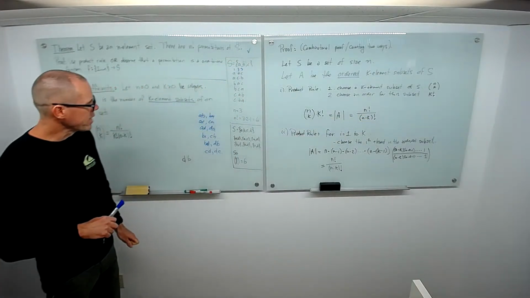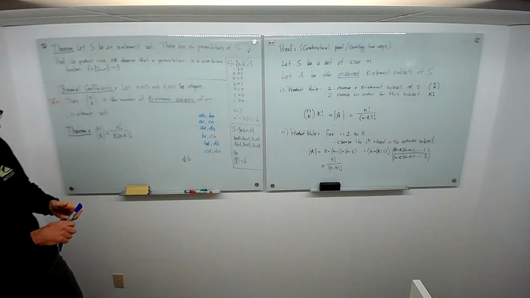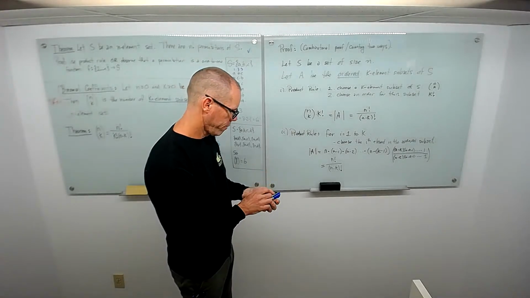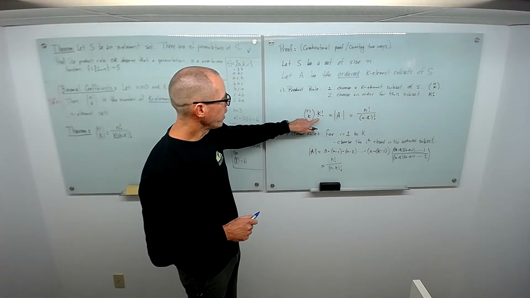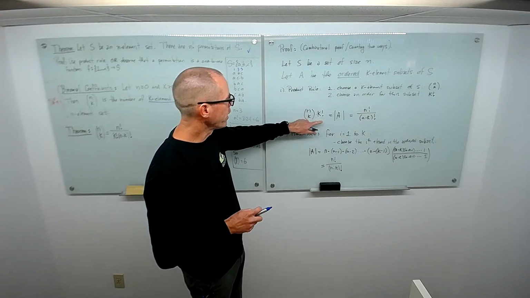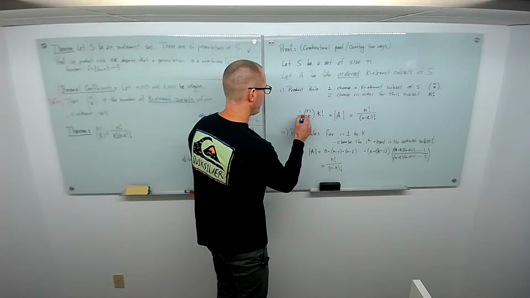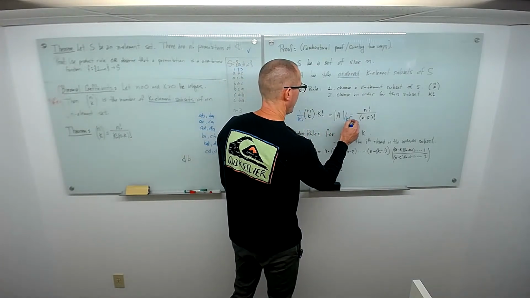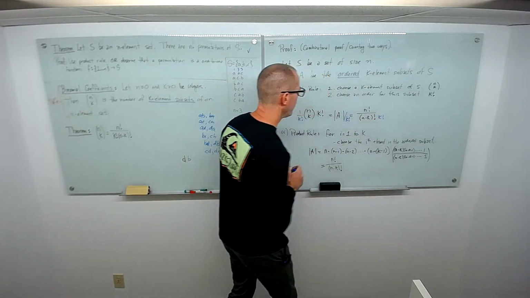Now, that wasn't exactly what we were trying to prove. We were trying to prove this, but if we take this thing and divide both sides by k factorial, then we'll put a 1 over k factorial here. A we don't care about anymore. We get a k factorial down here.